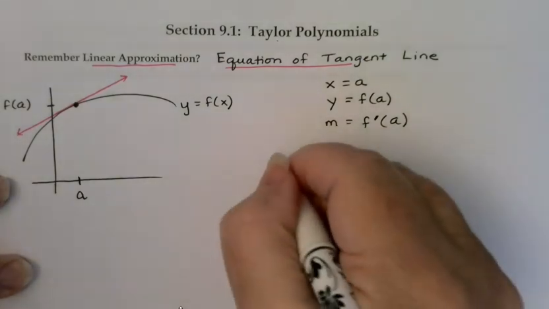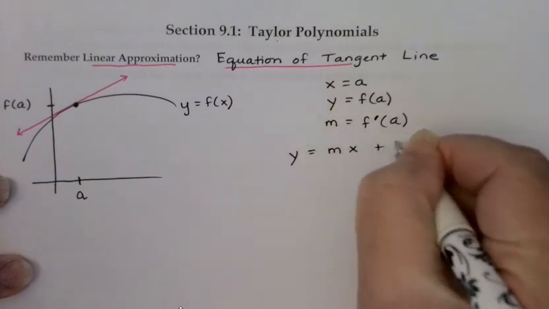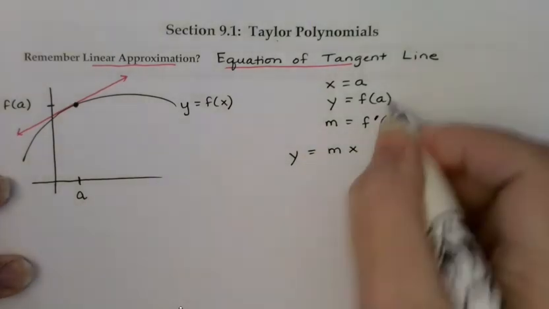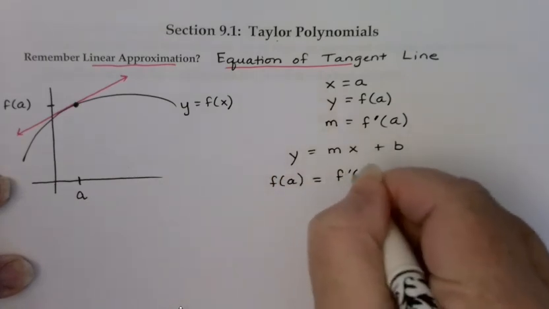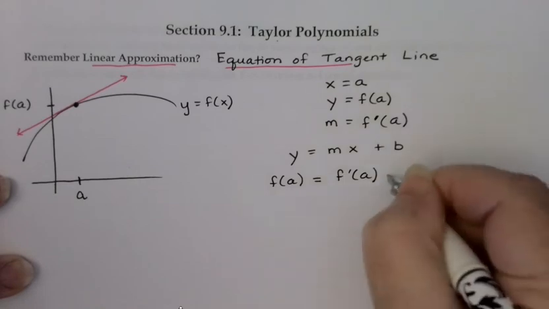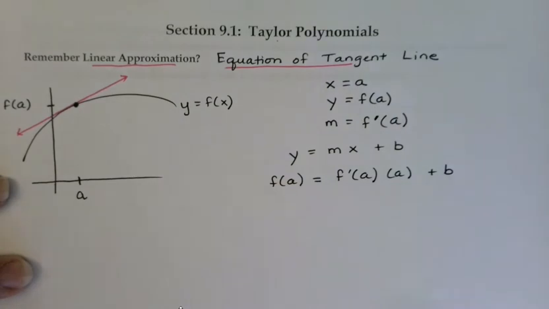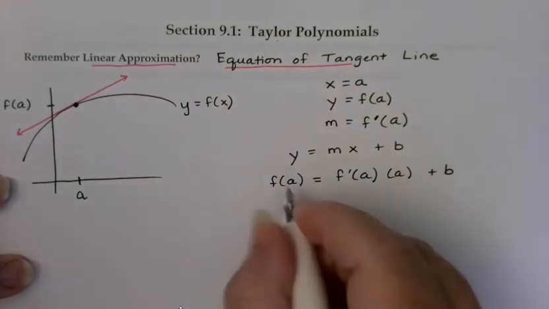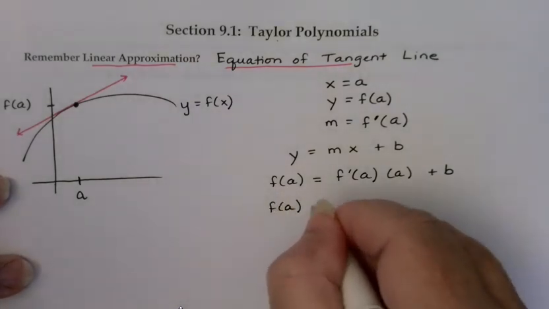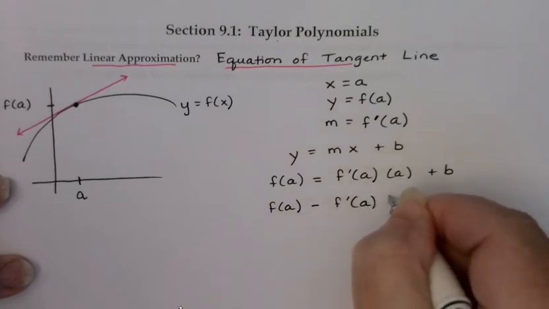And so we've got y equals mx plus b. Y is f of a. The slope is f prime of a times the x value, which is a, plus b. And so I would have b is f of a minus f prime of a times a.